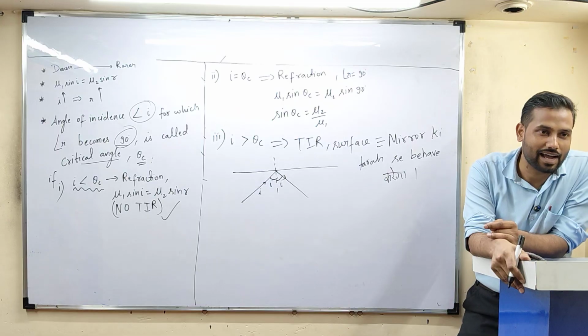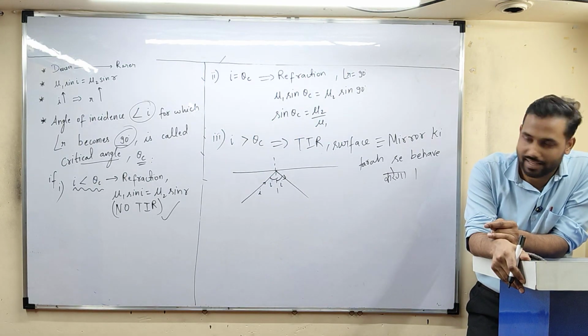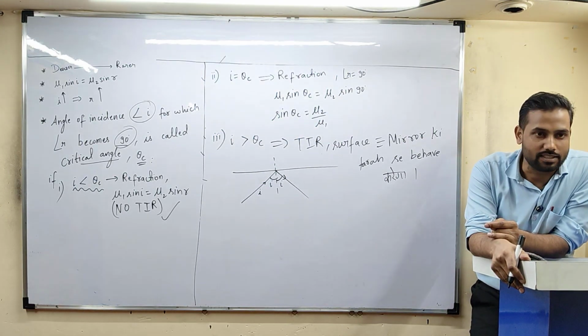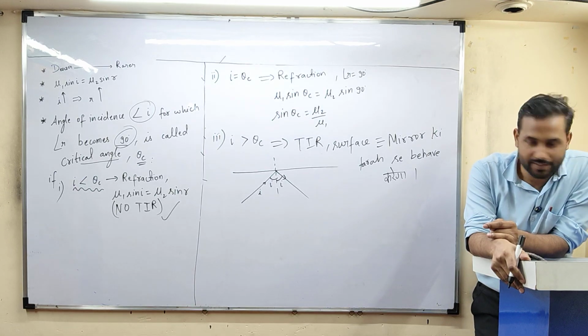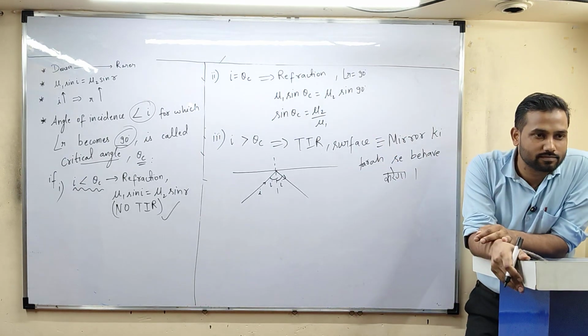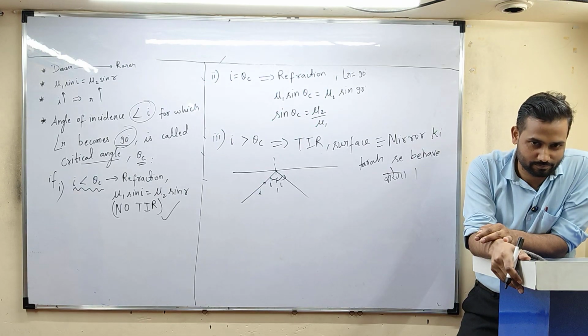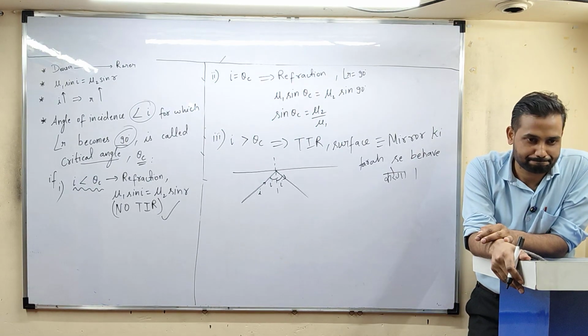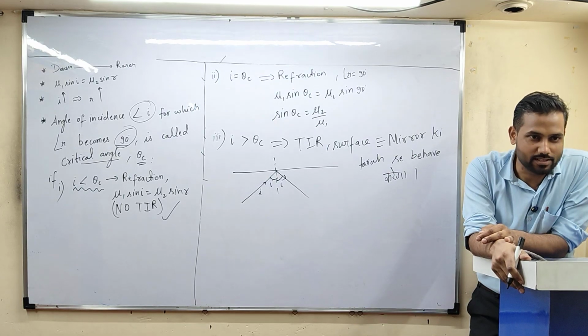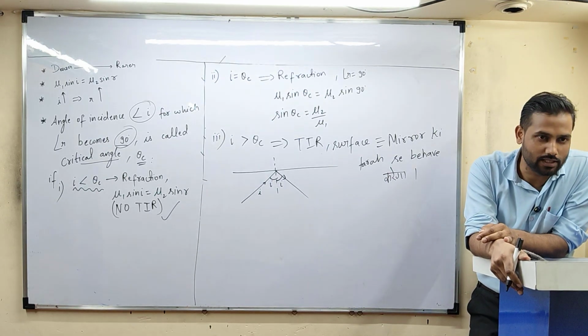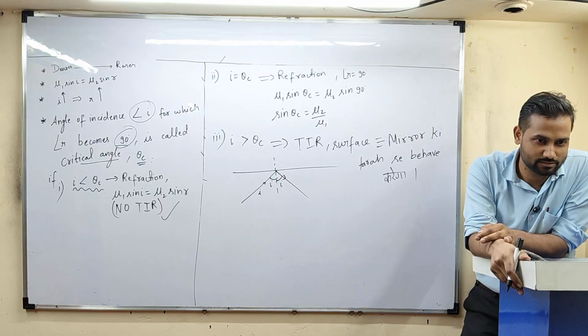What if I is equal to the critical angle? What happens is the angle R becomes 90 degree and sine theta c is equal to mu2 by mu1, like that. All this is the basics of this particular article.